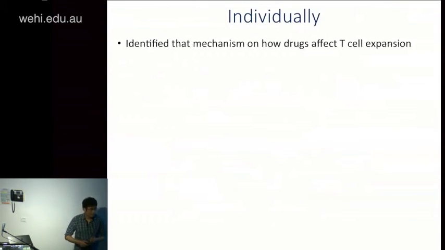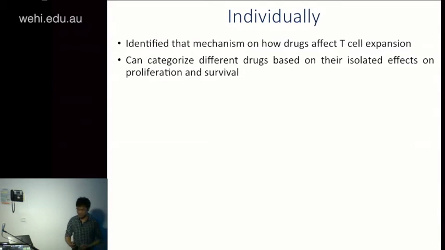To summarize everything, individually I've been able to identify the mechanism of how drugs can affect the cell expansion in terms of the survival and proliferation kinetics. I've shown you how we can categorize these drugs based on the isolated effects. As I showed you in the grouping earlier, 2 drugs in survival, ABT-737 and dexamethasone, and cyclosporine on survival and proliferation.